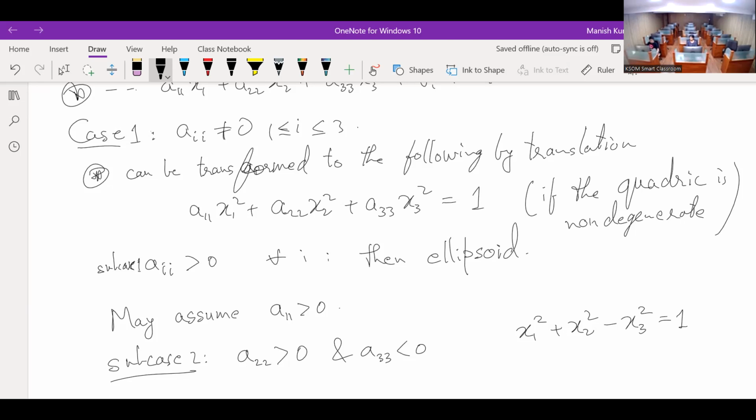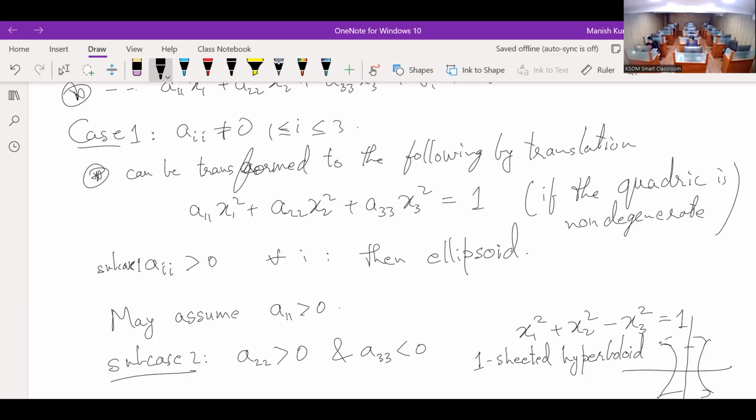It's called a one-sheeted hyperboloid. I'll give you some idea on why it looks like this.